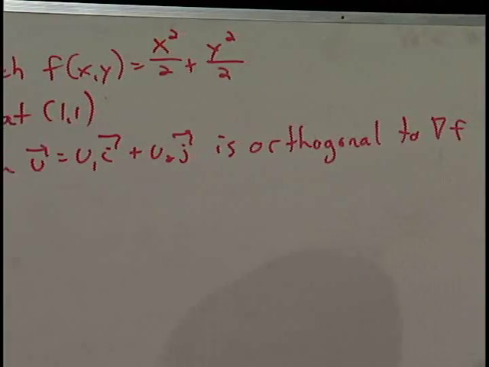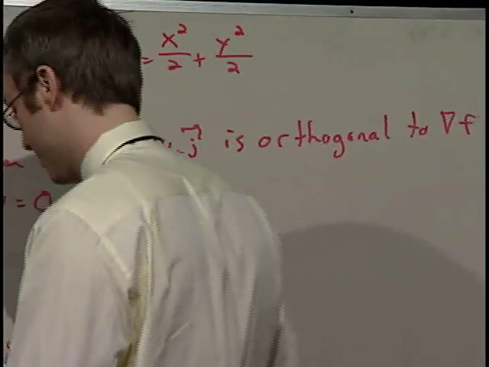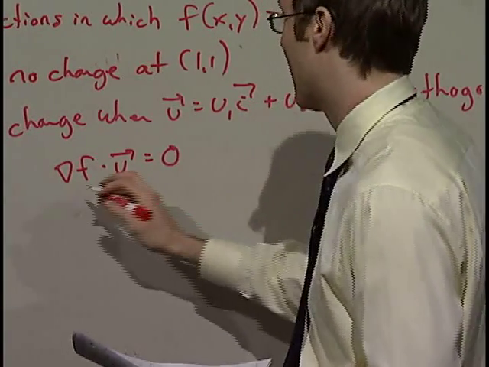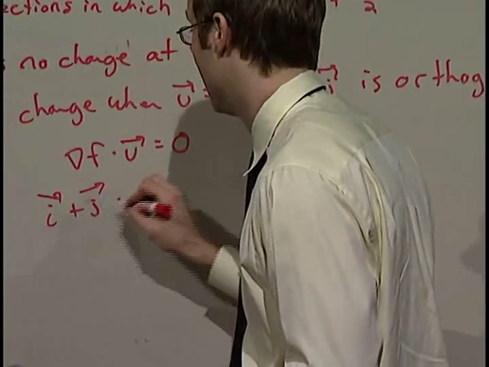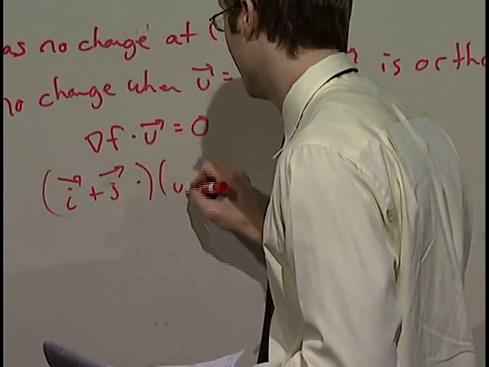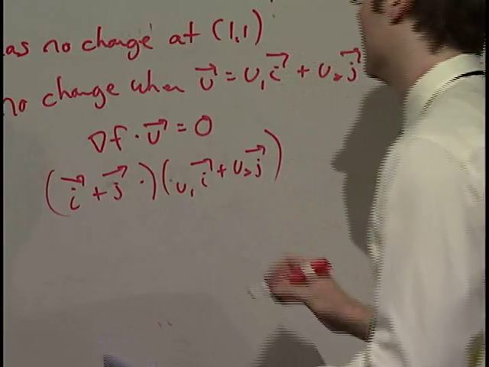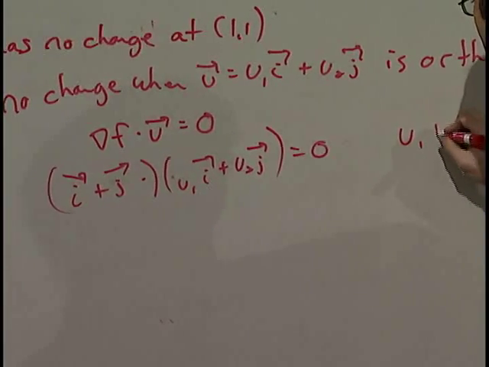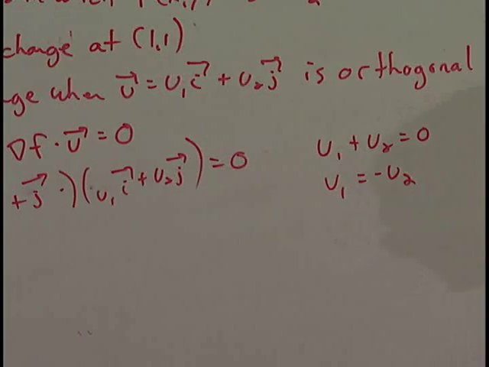That's when it has no change, when they're orthogonal. So grad f dot u should equal 0. Since grad f is just i plus j, i plus j dot u1 i plus u2 j equals 0. So the implication there is that u1 plus u2 equals 0, and that u1 equals negative u2. So any unit vector where this is true will actually work here.